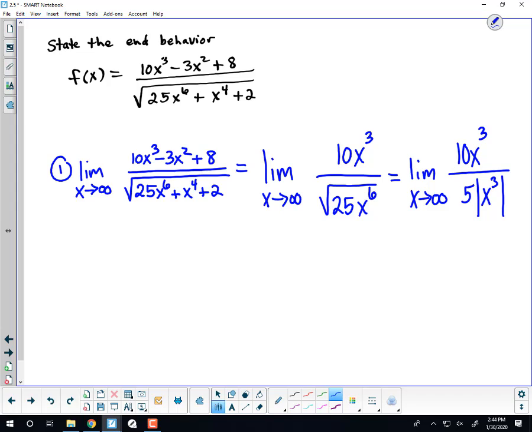And if so, how does the absolute value have to go away? To answer that question, we just have to look at, where is x? Is x positive or is x negative? In this case, it's positive. How do we know that? Well, x is approaching positive infinity. X is a super large positive number in this limit, right?